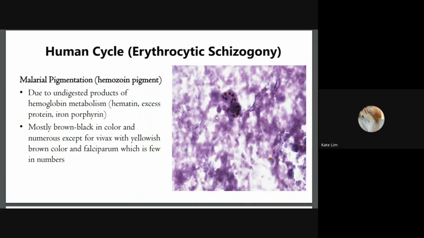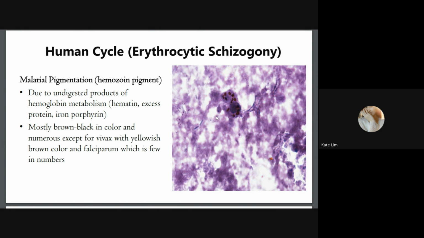When the Plasmodium parasite invades the red blood cells, it starts breaking down hemoglobin. Remember that when your merozoite transforms to become a trophozoite, your trophozoites are the active and the feeding stage. So what does it feed on? It feeds on hemoglobin, so it breaks down hemoglobin. If you remember again, hemoglobin is the protein in our blood that carries oxygen.